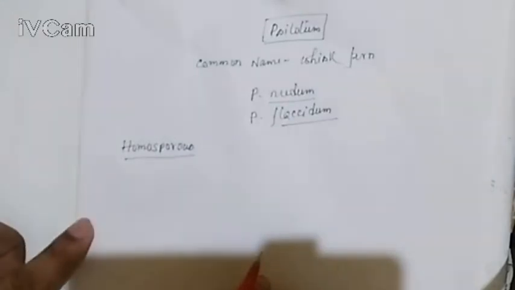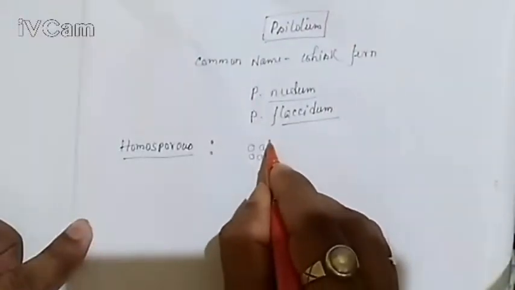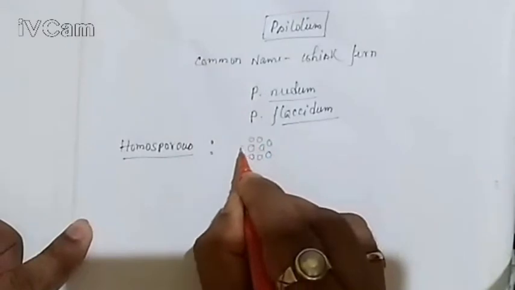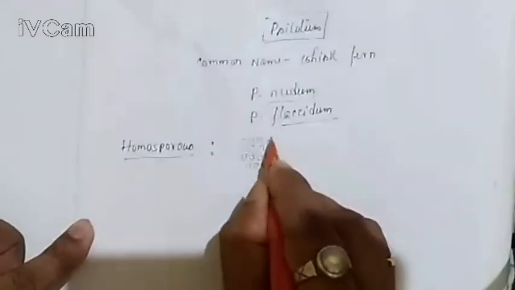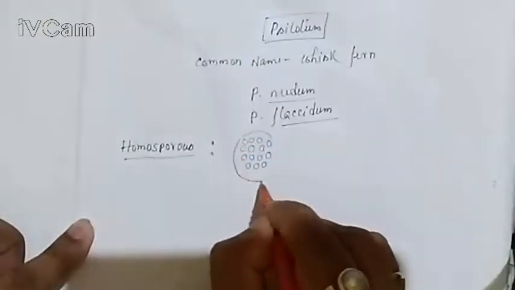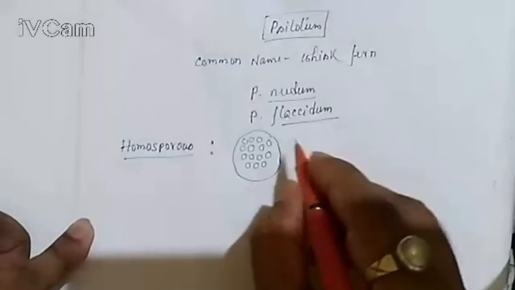We need to understand what is homosporous. When all the spores are the same size and the same structure, that is called the homosporous situation.